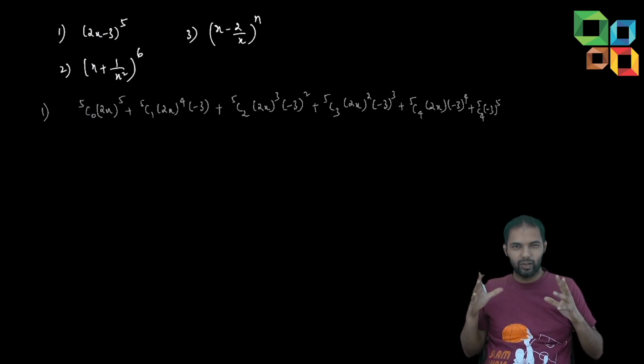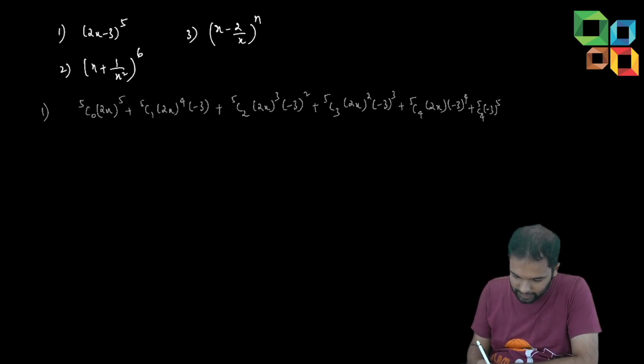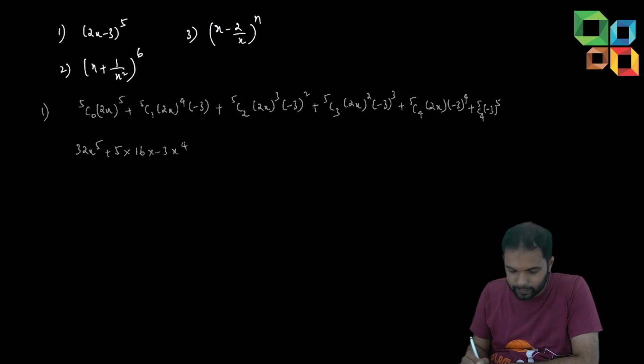You need not really write down the numbers, but if you want, let's say 2 power 5. Do we know it? It's 32. Next is 5 into 2 power 4. How much is 2 power 4? It's 32 by 2, so it's 16, into minus 3 x power 4. You can figure out. So 5C2 is nothing but 10 into 2 cube, which is 8, into 9 x cube.